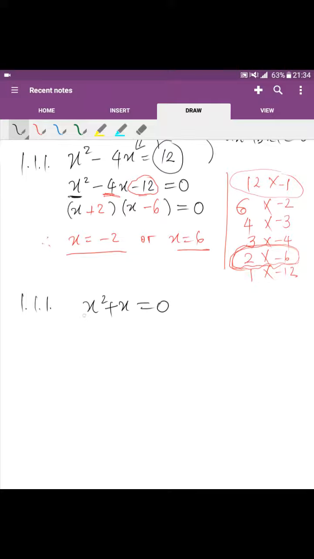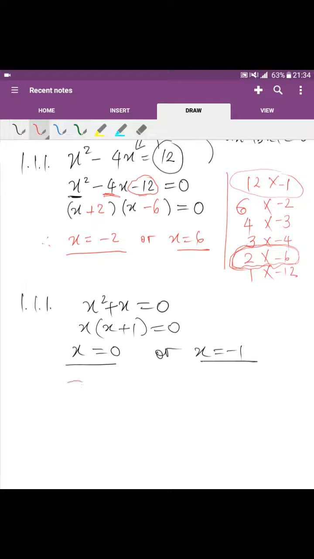Looking at this equation, it's already in the form of x squared plus bx plus c, but you see that c equals 0. So you simply factorize this. You take out the common factor, which is x, and x squared divided by x leaves x, plus 1 equals 0, and then you have your two solutions: x equals 0 or x equals negative 1.